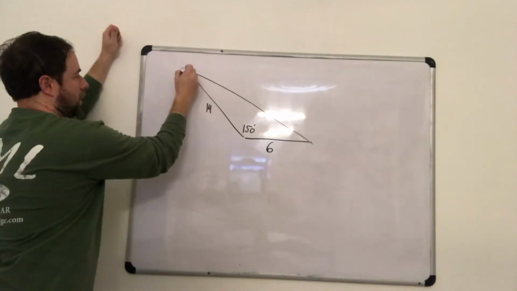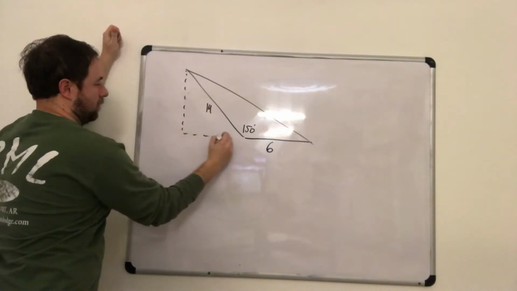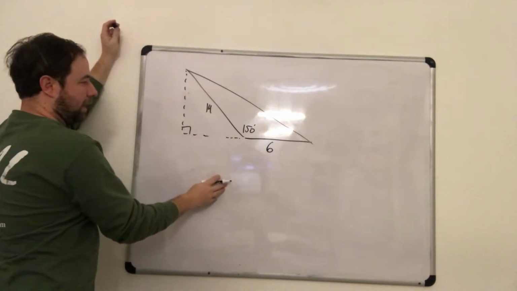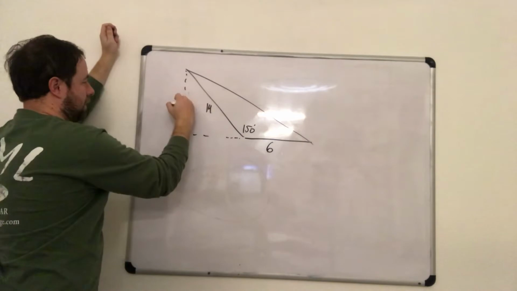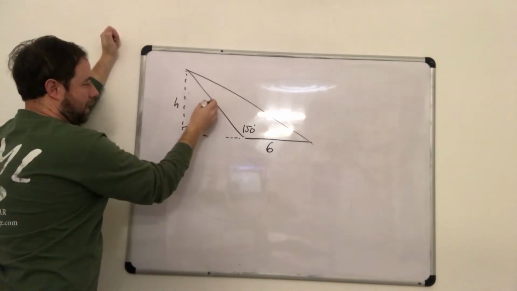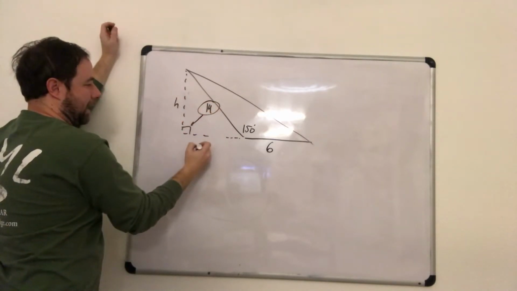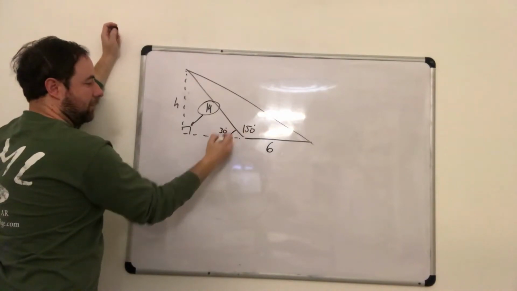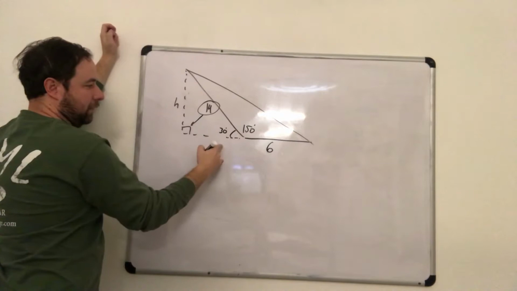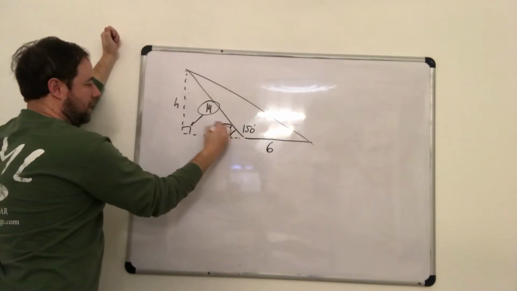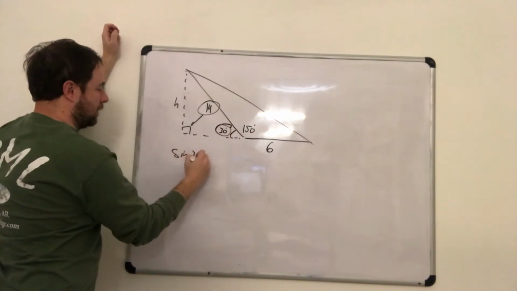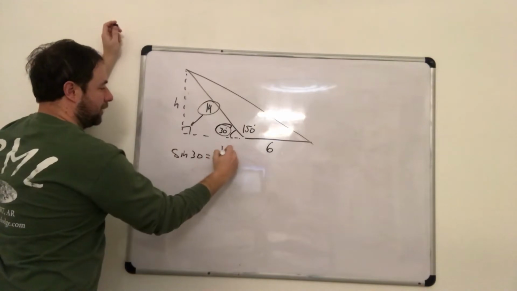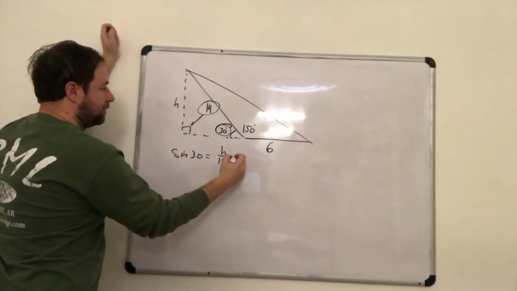This next one is a little bit different, but it's the same concept. And that is where you draw the height here and you make the right angle. Now, this being the height, this would be the hypotenuse opposite that. The only key is you have to realize your angle's not 150, it's going to be 30 here, 180 minus 150. And so we'll take it from here. So the sine of 30 equals h over 14.